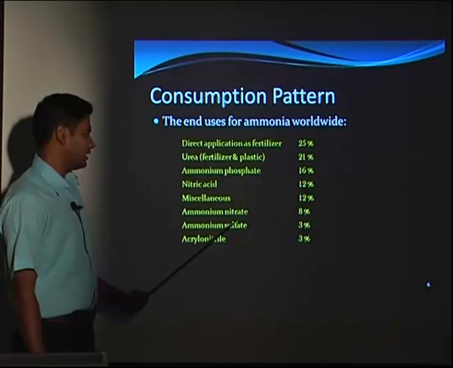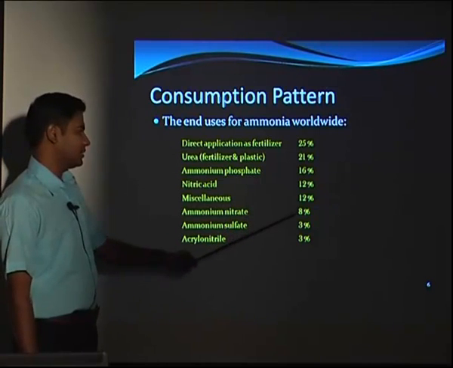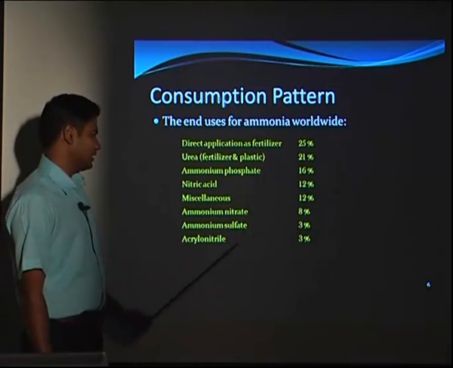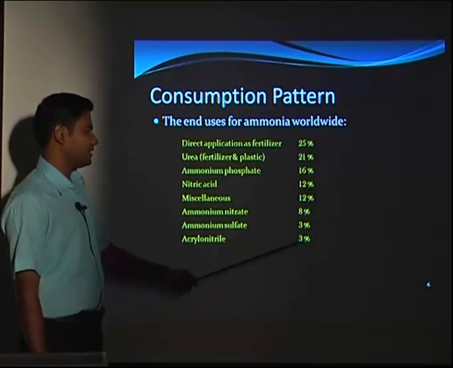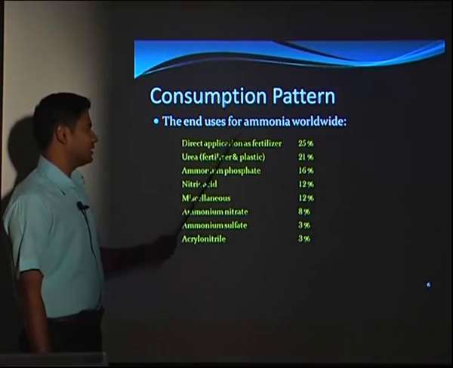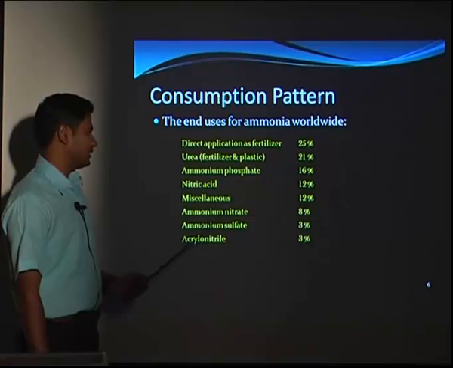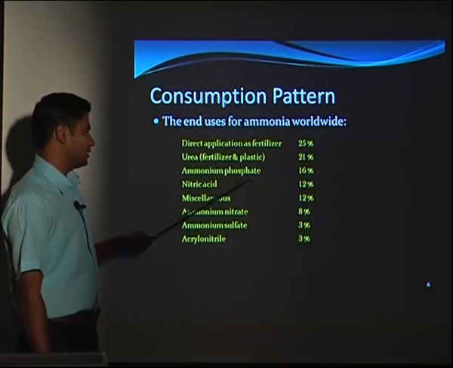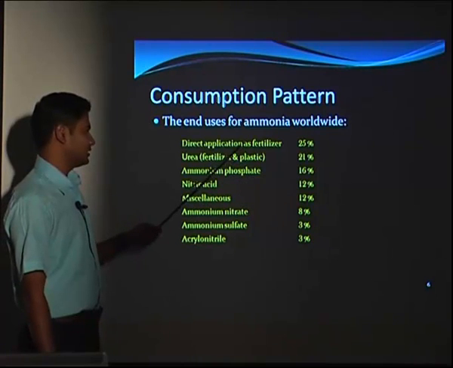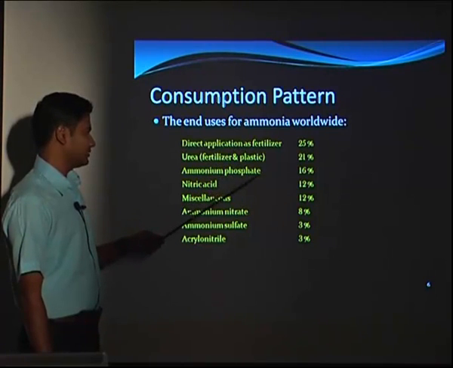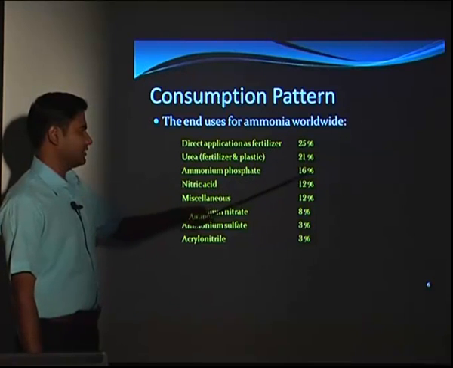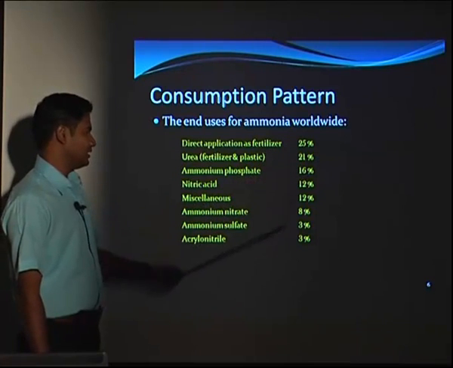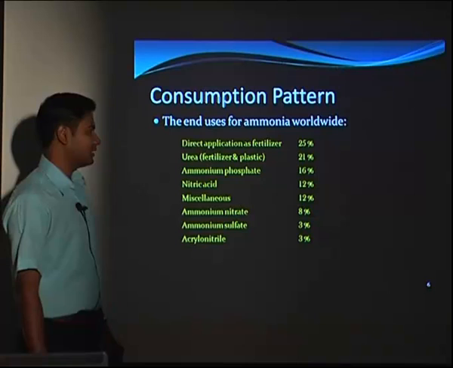Ammonium nitrate and sulfate represent 8% and 3% respectively. And acrylonitrile again is 3%. So you can see ammonia is used for the production of various kinds of chemicals. Mainly it is used in the production of fertilizer. If you see the figure, more than 50% goes into fertilizer directly.